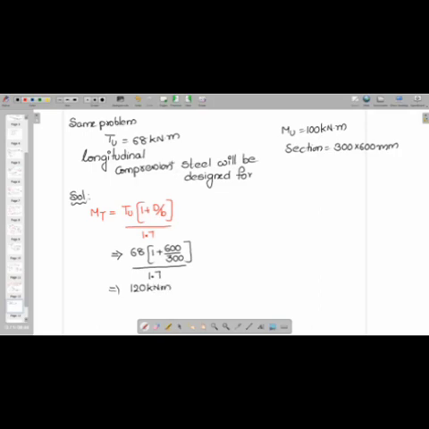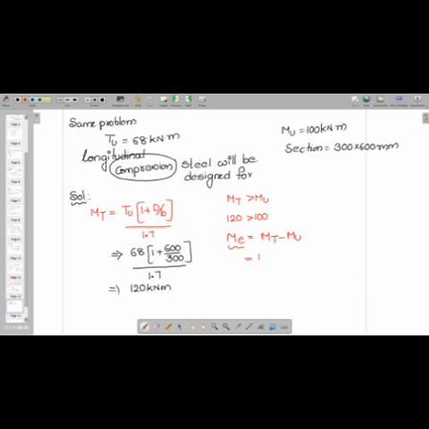Now, see, students, here he is asking for compression steel. So the moment due to torsion is greater than Mu. That is 120 is greater than 100. So the compression steel will be calculated for equivalent moment, that is Mt minus Mu.